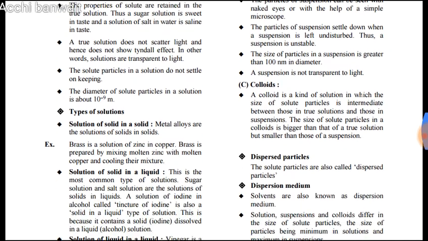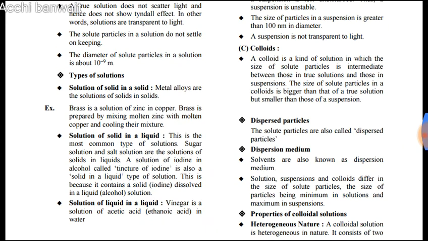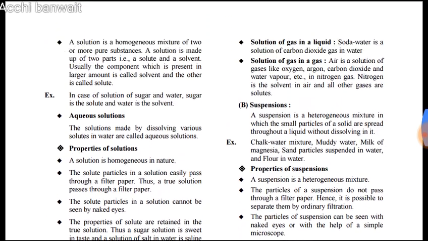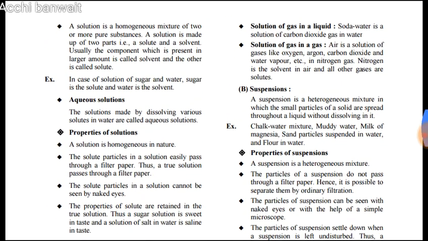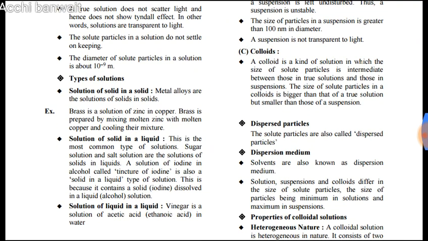So we talk about solutions, and now we talk about the types of solutions. That is a solution of solid in a solid, solution of solid in a liquid, solution of liquid in a liquid, solution of gas in a liquid, and solution of gas in a gas. So first talk about solution of solid in a solid. Metal alloys are the solution of solids in the solid.